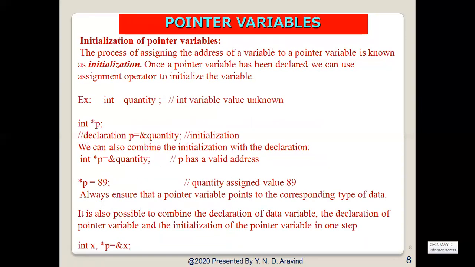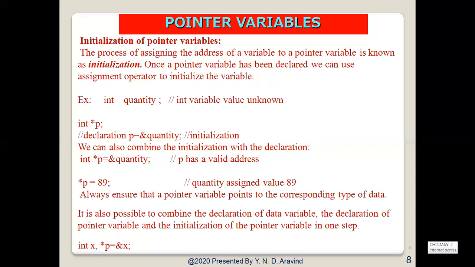Now let us see how we can initialize a pointer variable. The process of assigning the address of a variable to a pointer variable is known as initialization. Once a pointer variable has been declared, we can assign the variable at the time of declaration, or we can define it separately.